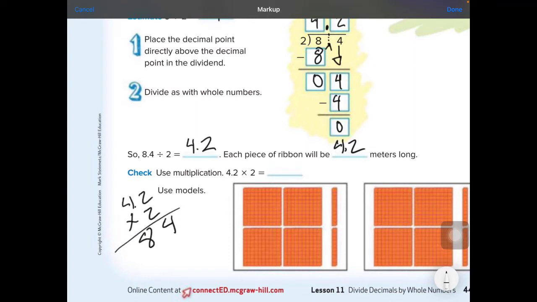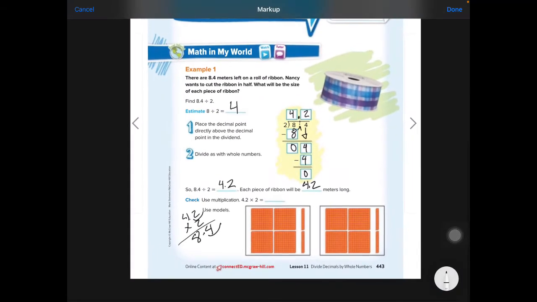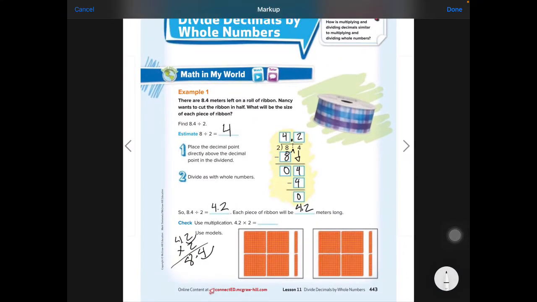Using multiplication, we can see that 4.2 times 2 equals 8.4, which was our original dividend. And there's how they've drawn models. Now on yours, just go ahead and do like a square for the hundreds and write 100.